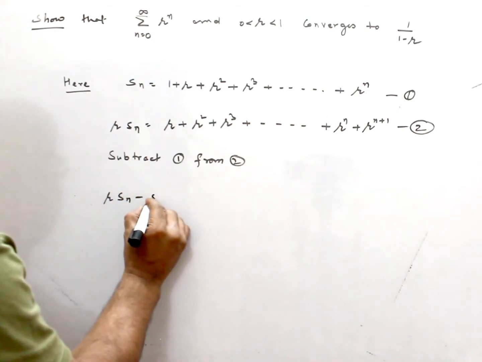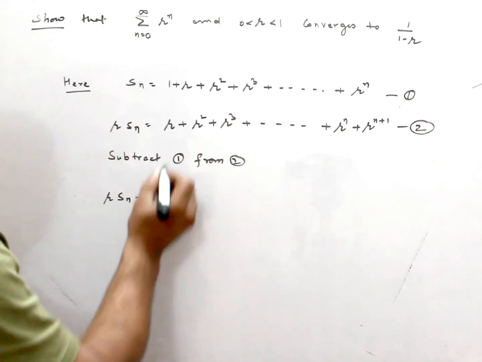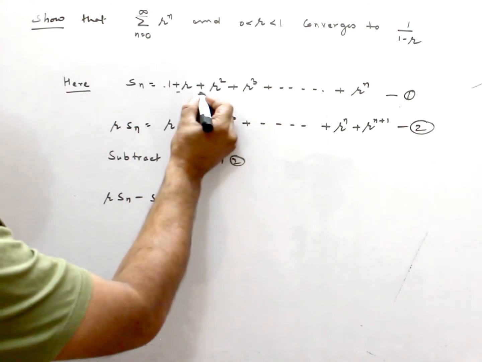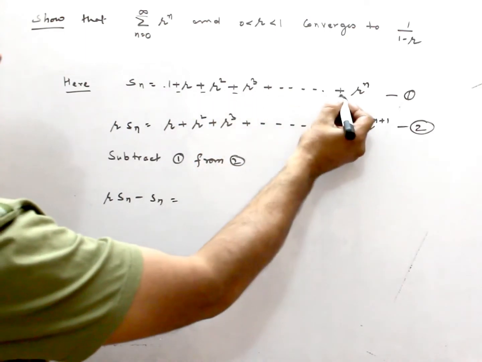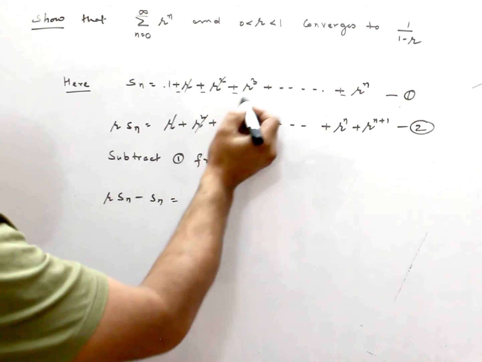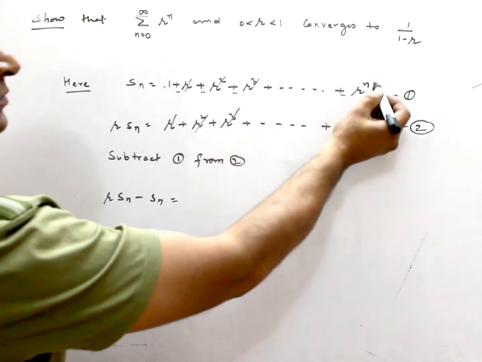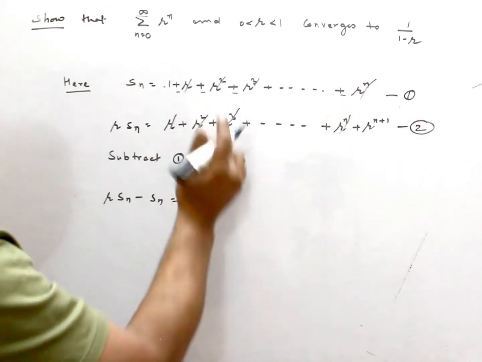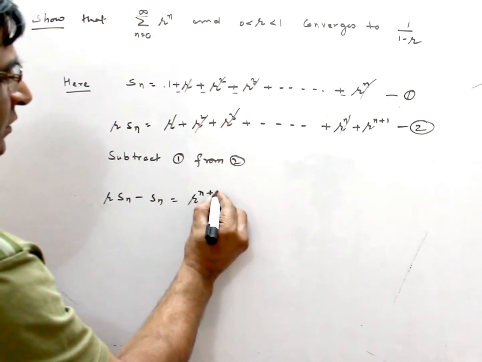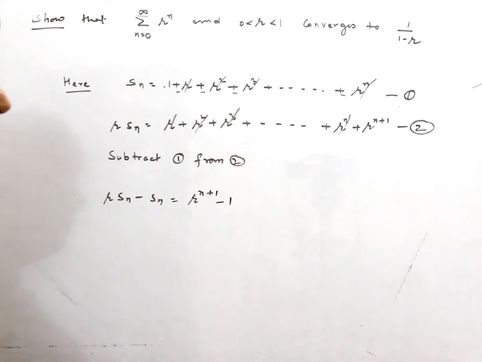r Sn minus Sn, then these all become 1 minus. What happens? This r will cancel, this will cancel, and this will cancel. So we are left with r^(n+1) minus 1.